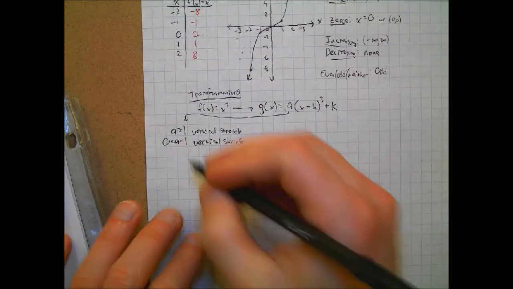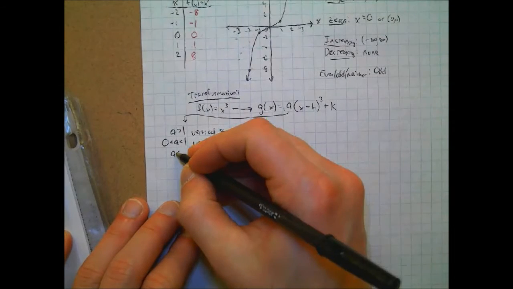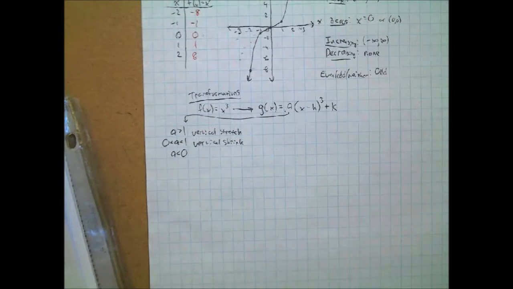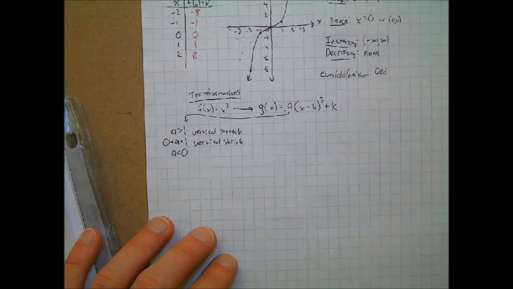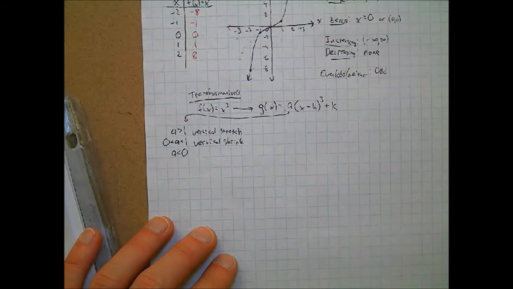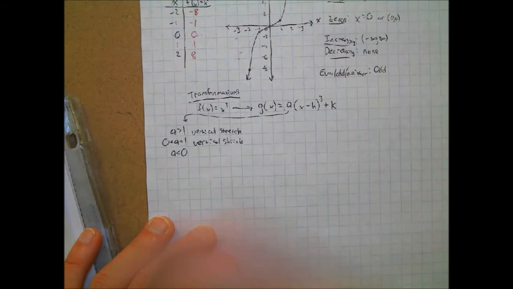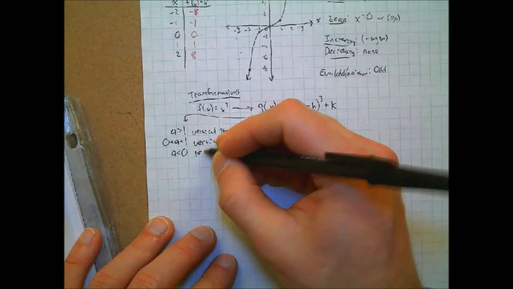What about if a is less than 0? A does this too, right? There's another kind of thing that a can be in charge of. What does a less than 0 do? If you have a negative a value, what does that do? Reflection over the x-axis, right.